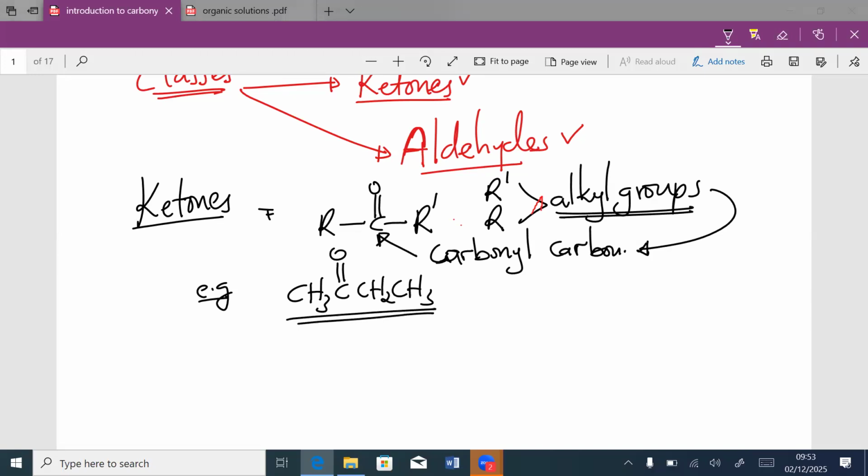This one here is a ketone. Why? Because we have two alkyl groups attached onto the carbonyl carbon. This is one alkyl group, and this is another alkyl group. So that qualifies to be a ketone.